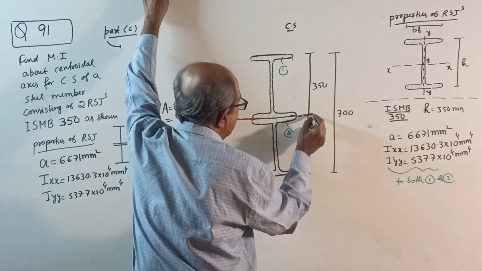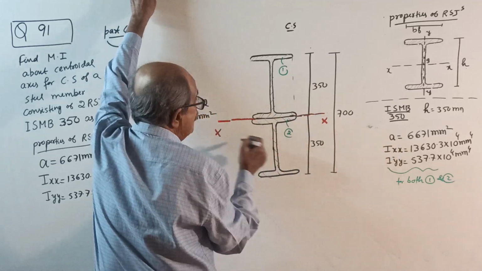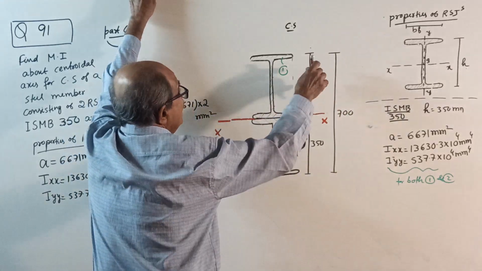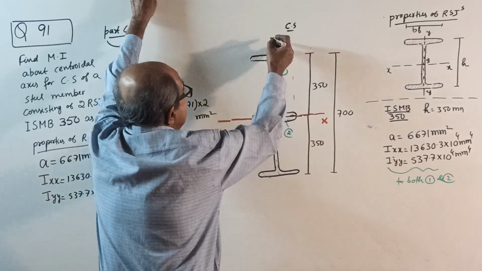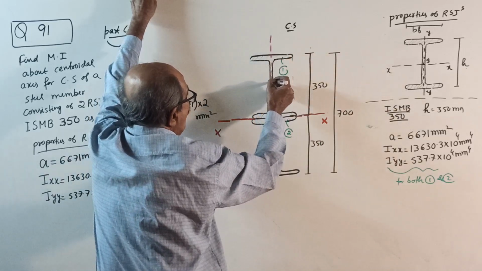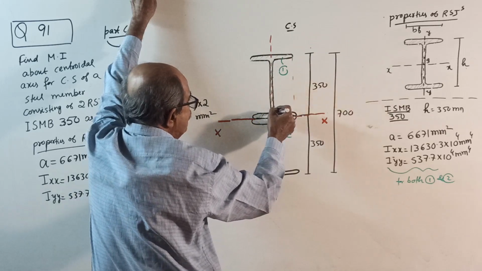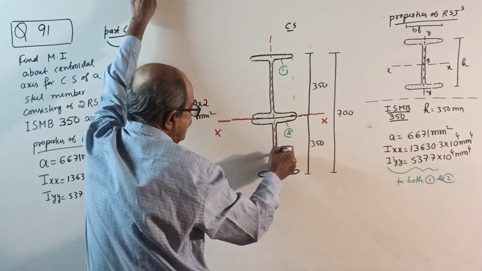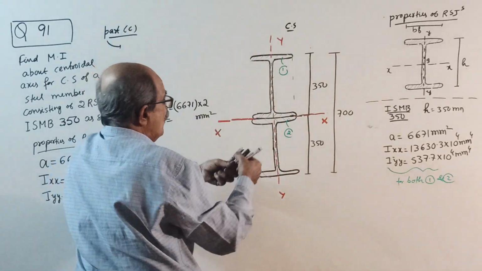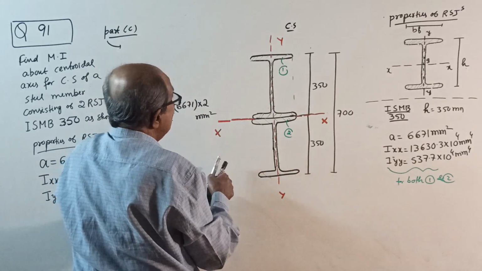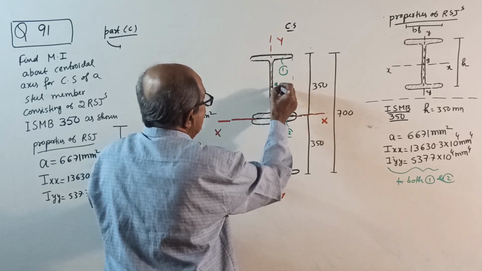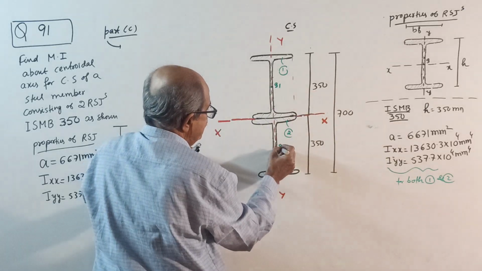If this is 700, then it is 350 and 350. This is your YY axis, exactly through the center, as it is symmetrical about both XX and YY. The centroid here is G1, and this is centroid G2.